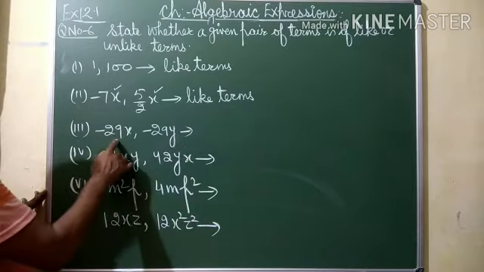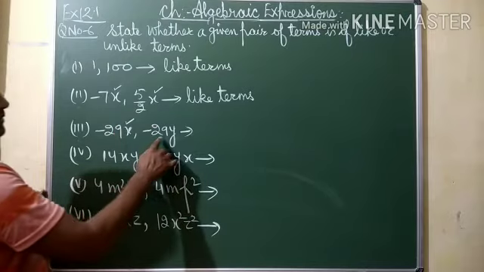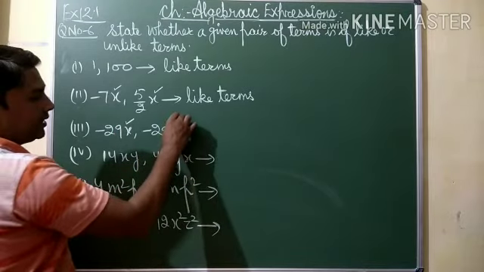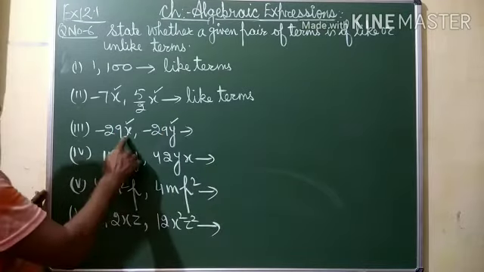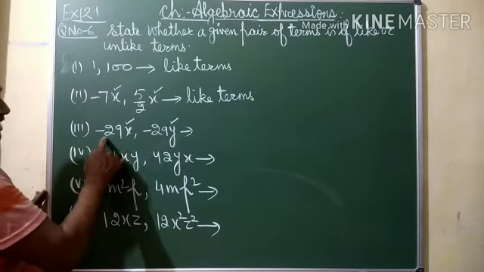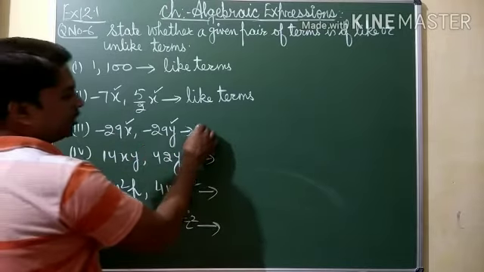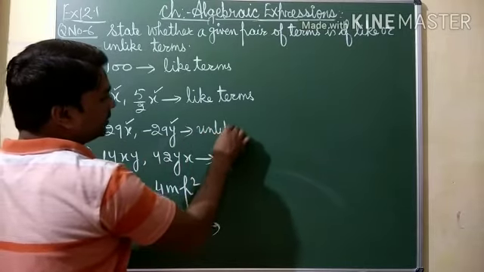Since this term contains algebraic factor x and this term contains algebraic factor y, and x and y are different, therefore minus 29x, minus 29y is a pair of unlike terms.